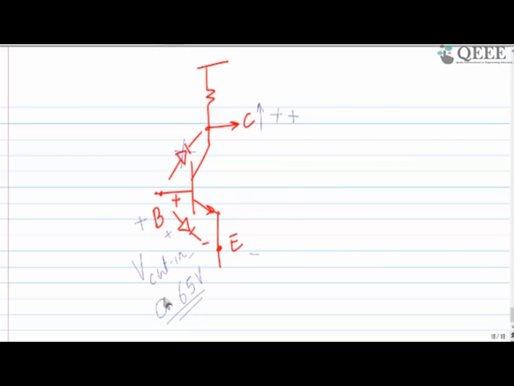If my emitter is connected to ground, it is fixed to 0, and I need to apply some voltage here so that this side becomes forward biased.